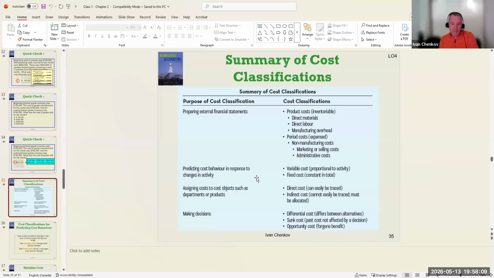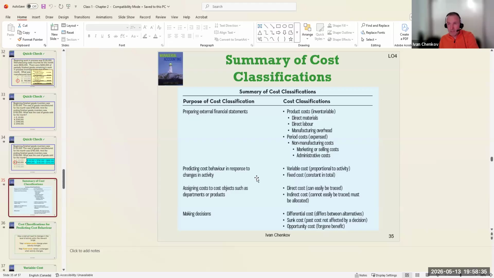For example, from the product cost, when you see direct material, obviously that's direct cost, because it has the adjective direct in front of materials. Direct labor, direct cost, because it has the adjective direct in front of labor. Indirect labor doesn't have the adjective direct, so it's indirect cost.